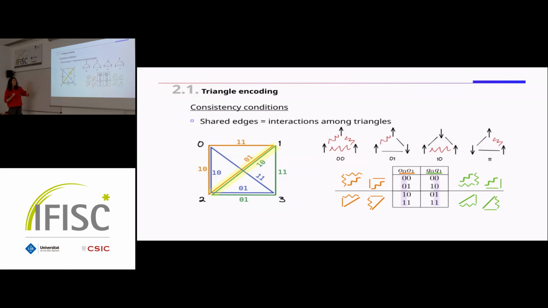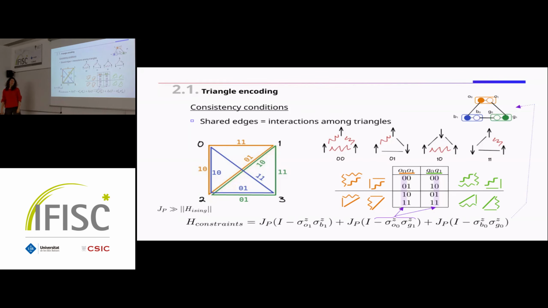So if we assign things like this, then we realize that these two configurations, which are associated to these physical configurations for the orange triangle, have to coincide with these two configurations because of the edge they share. They have to coincide with either of these two configurations in the physical qubits that describe the green triangle. And the nice thing is that there's a ferromagnetic interaction that can give you this constraint very easily.